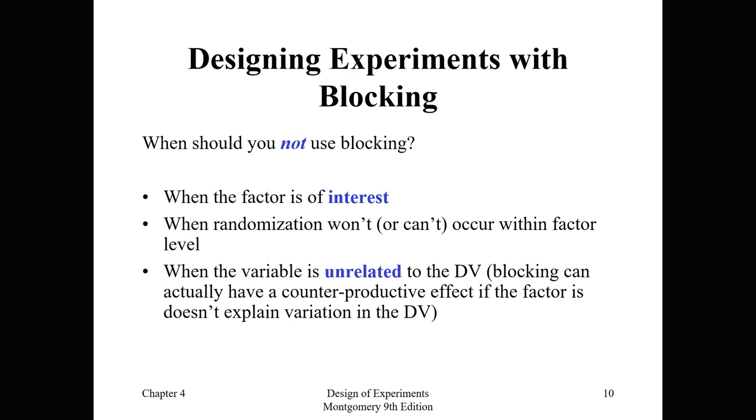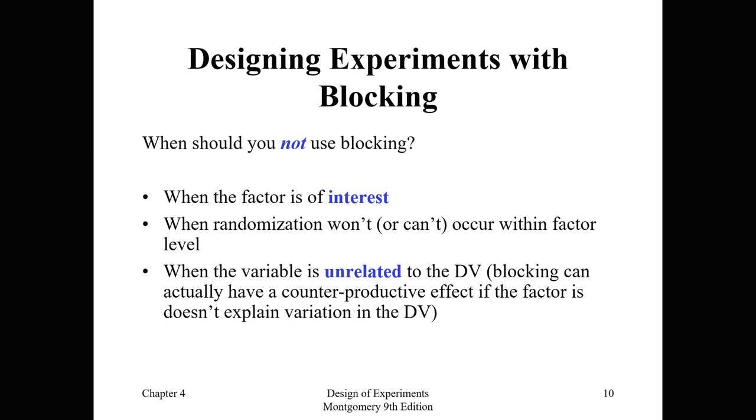Because of this, this can actually increase our error rate. So the blocking factor has to at least account for enough variation to counteract the degrees of freedom that it's taking away. Otherwise, this will actually increase our error as opposed to decreasing it.